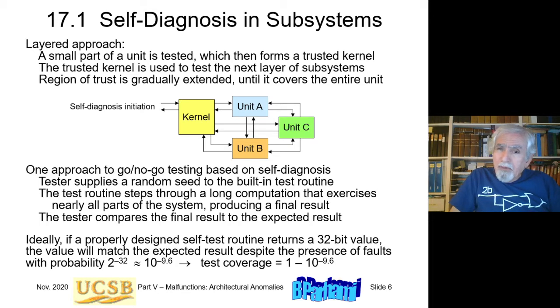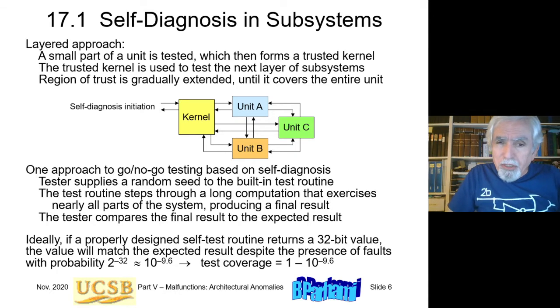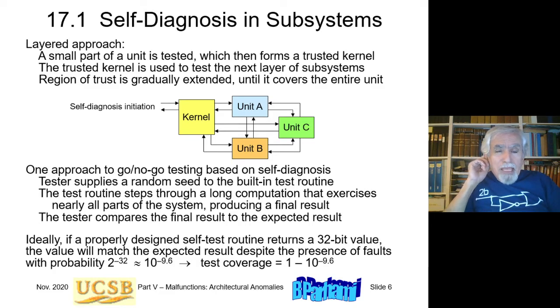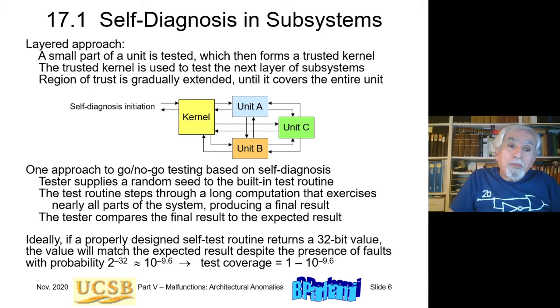A disk drive has a controller that is, again, like a processor. So these units, because of the built-in intelligence, can do a lot in order to diagnose their own internal problems, internal faults. Okay, so self-diagnosis is one of the ways in which these units can basically determine that something is wrong.